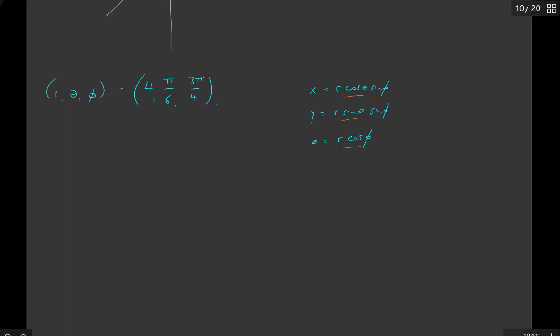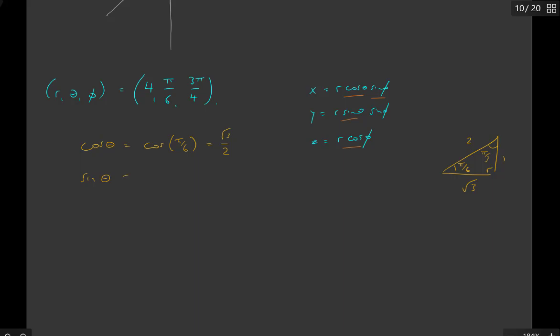So first, I'm going to work out cosine of theta, which is cosine of pi over 6. And if I use my special triangle, pi over 6, pi over 3, 1, 2, root 3, you can see cosine of pi over 6 is just root 3 over 2.